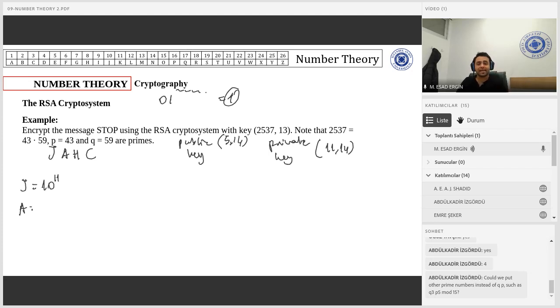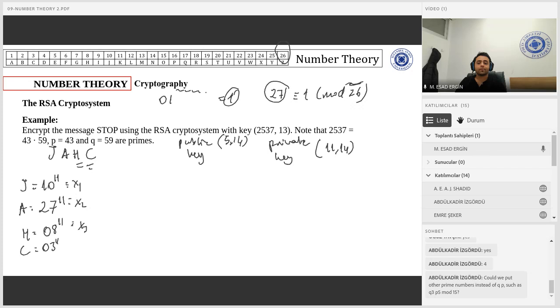In this case, you have to take it as 27, which is 1 in modulo 26. The 26 is the number of the letters. That's why we are going to use 27 power of 11. For the H, we are going to use 8 power of 11. And also we have C, which is 3 power of 11. And what is the result of these in modulo 14?